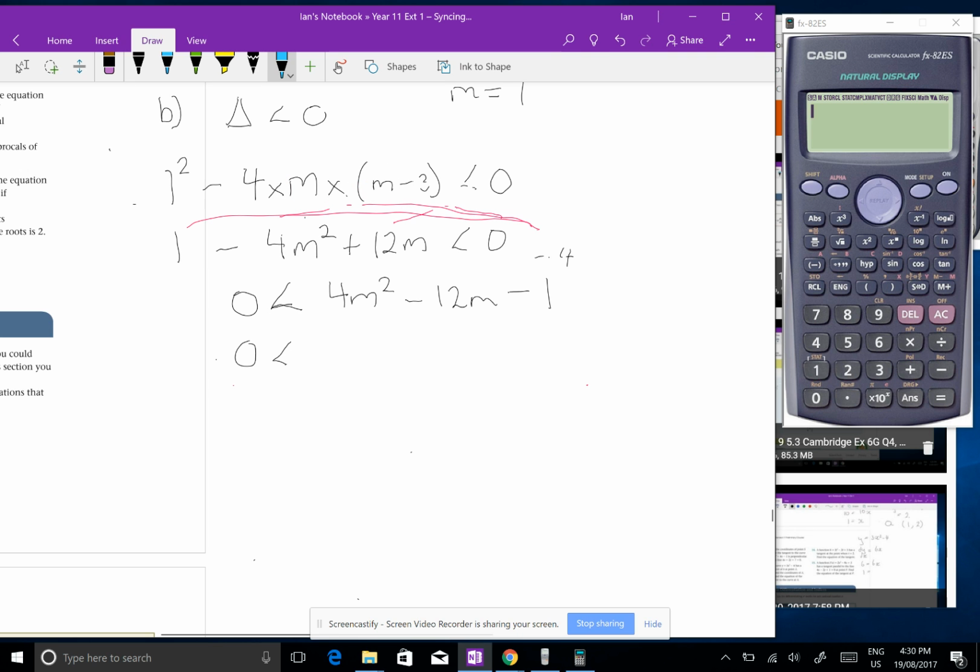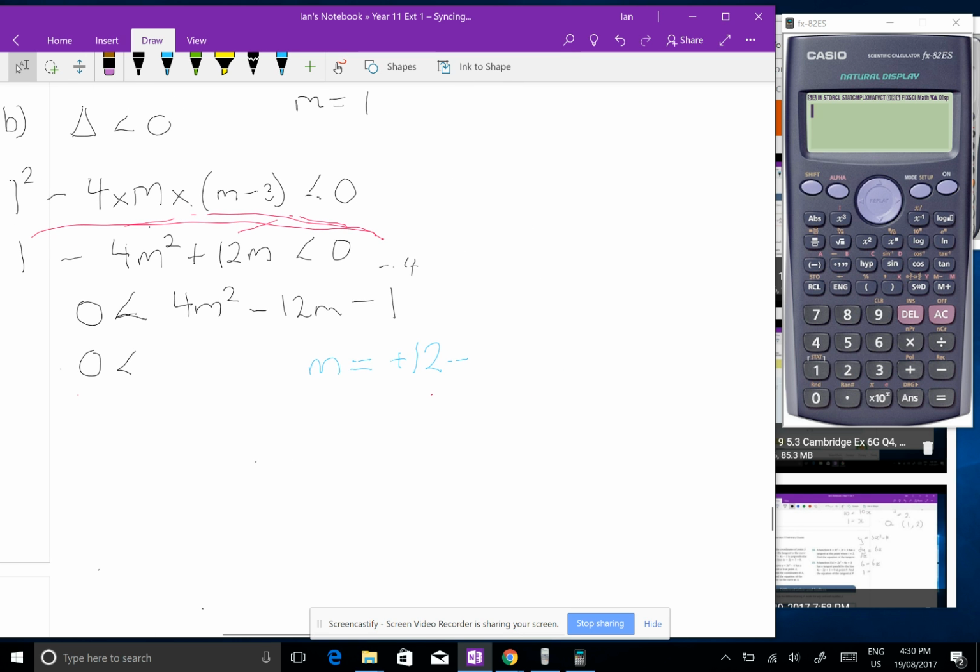So let's go. m, the critical points are going to be minus b, so minus 12, so it becomes plus 12, plus or minus the square root of b squared minus 4ac.